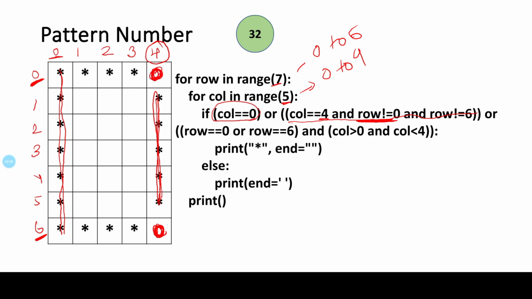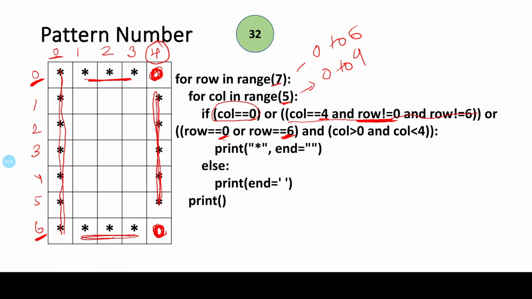Now tackling the rows, this will be very easy for you guys. Here you can see when the row is equal to 0, we want these 3 stars, and we want stars when the row is equal to 6. It is very simple.